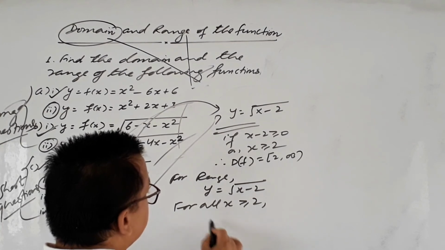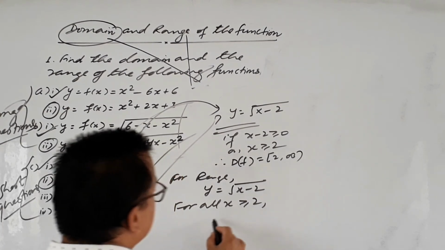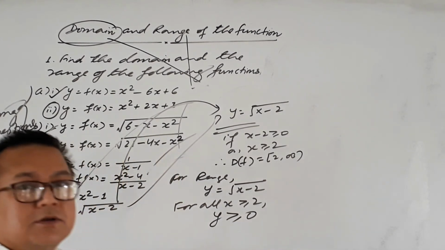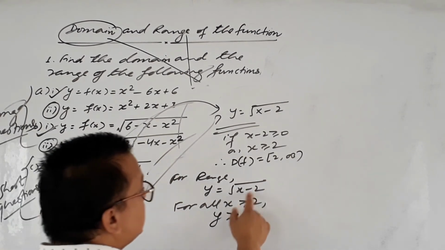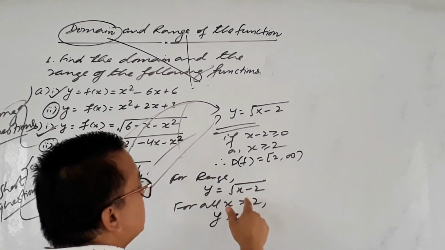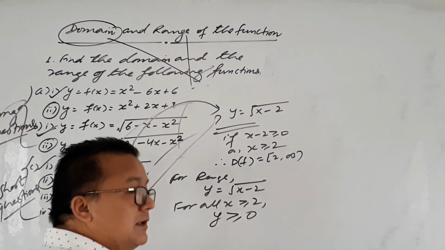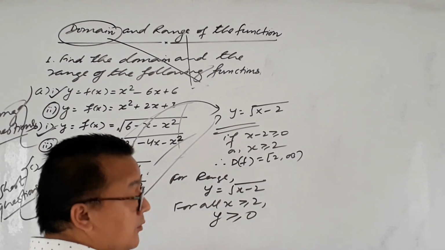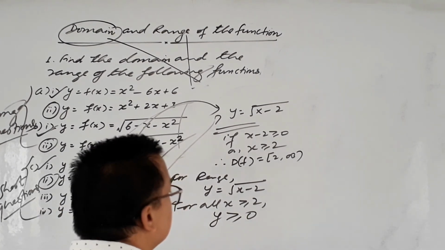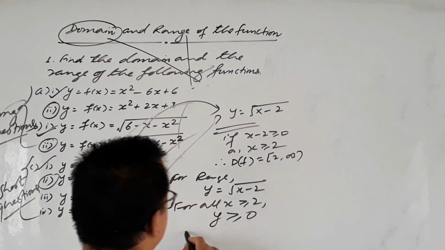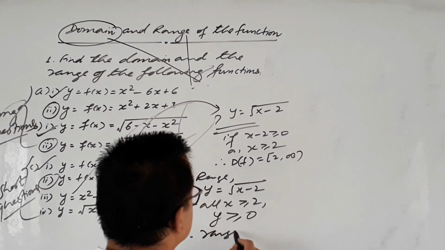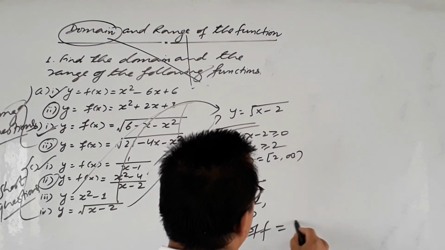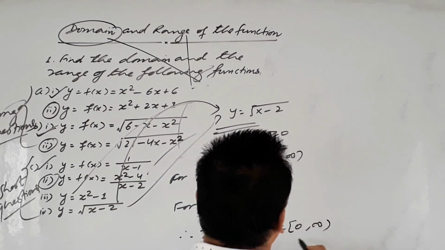So the corresponding value of y will be greater than or equal to 0. If you use 2, you get 0, and if you use 2.1, you get something greater than 0, and it goes up to infinity. So y is greater than or equal to 0, and therefore the range of the function equals 0 to infinity.